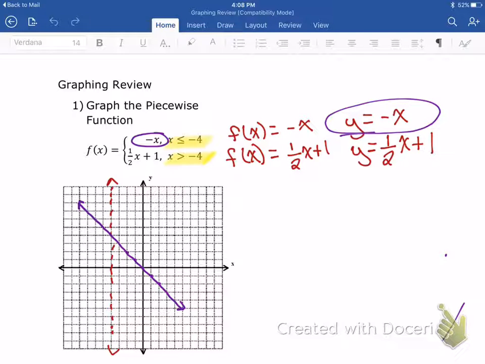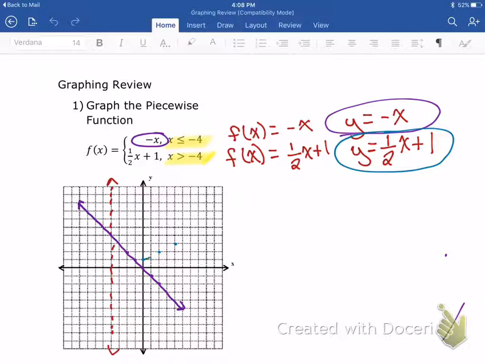Now I am going to go to blue, and we are going to graph this function, y equals 1/2 x plus 1. In y equals 1/2 x plus 1, our intercept is +1. So it starts at +1. And our slope is up 1 over 2. Up 1 over 2, and that is a positive slope.